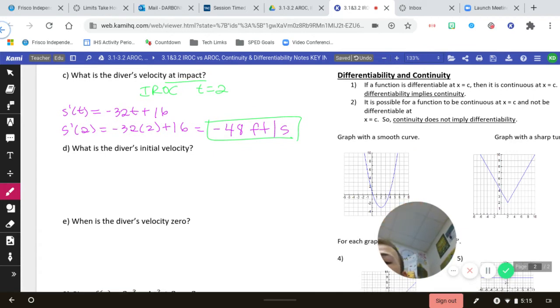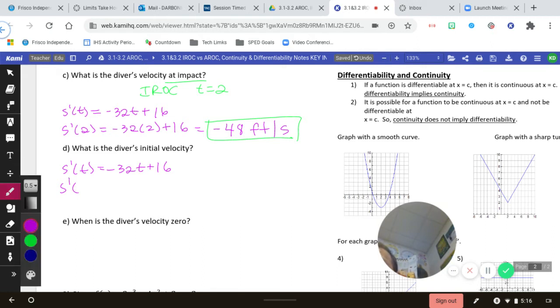Okay, what is the diver's initial velocity? So I just found my derivative, which is my IROC. So S prime of t equals negative 32t plus 16. So initial would mean t equals 0.